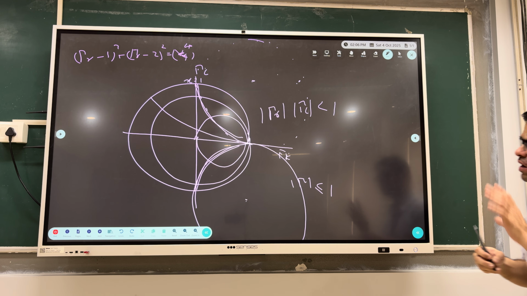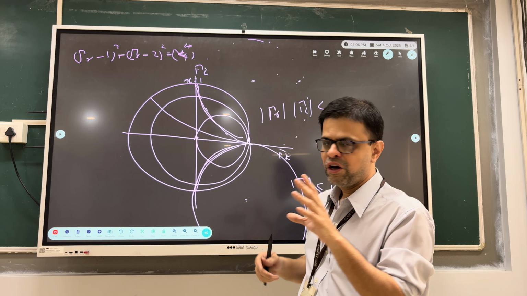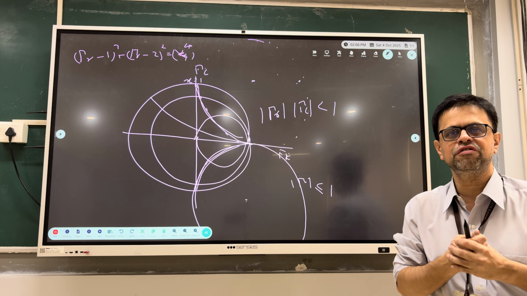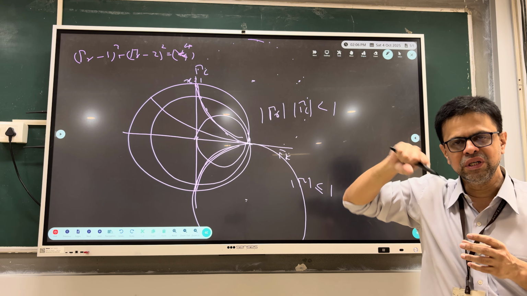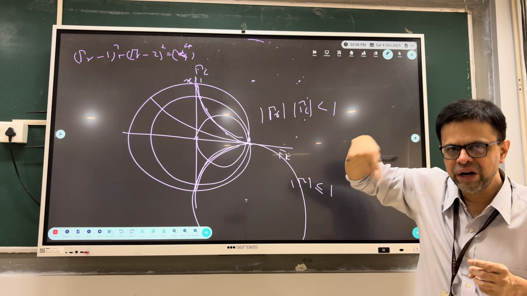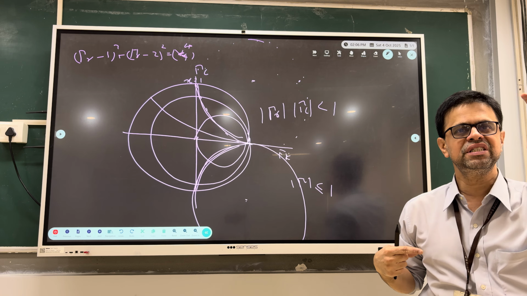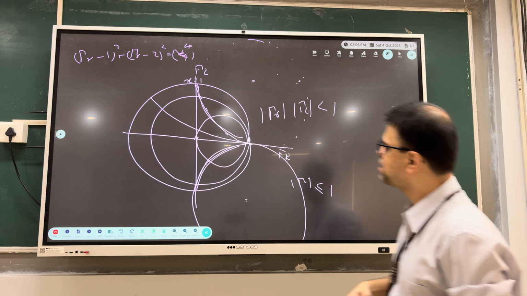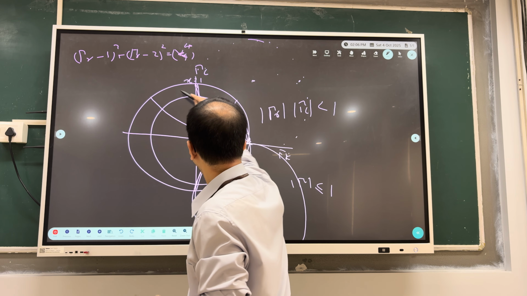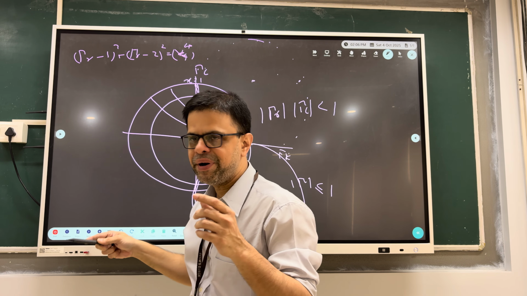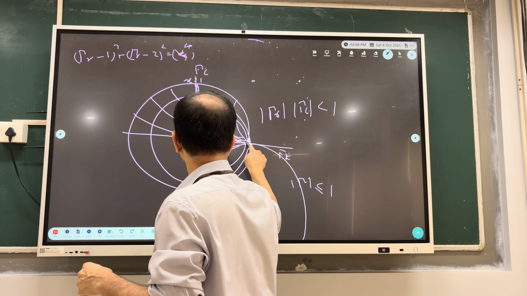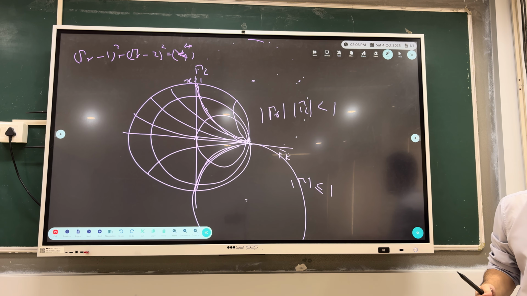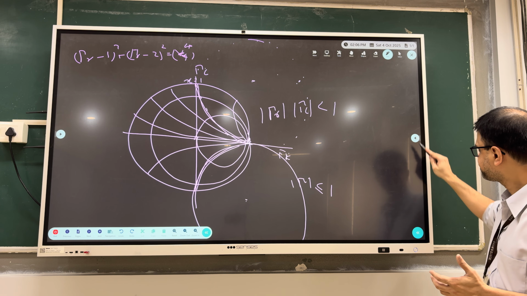You should calculate and write down the equations for different values of x, see where the center resides, and then draw the arc which lies inside the circle. Likewise, all such arcs will be transformed from the impedance domain to the reflection coefficient domain, and you develop a complete Smith chart.